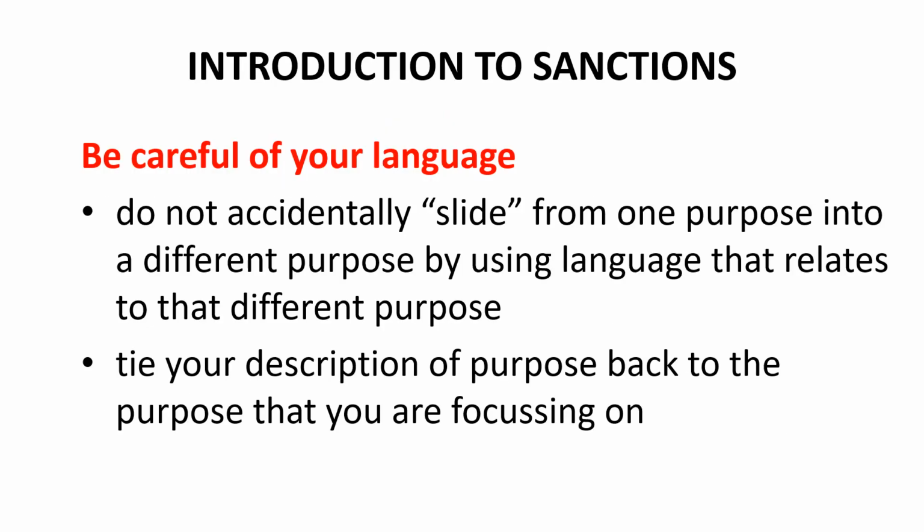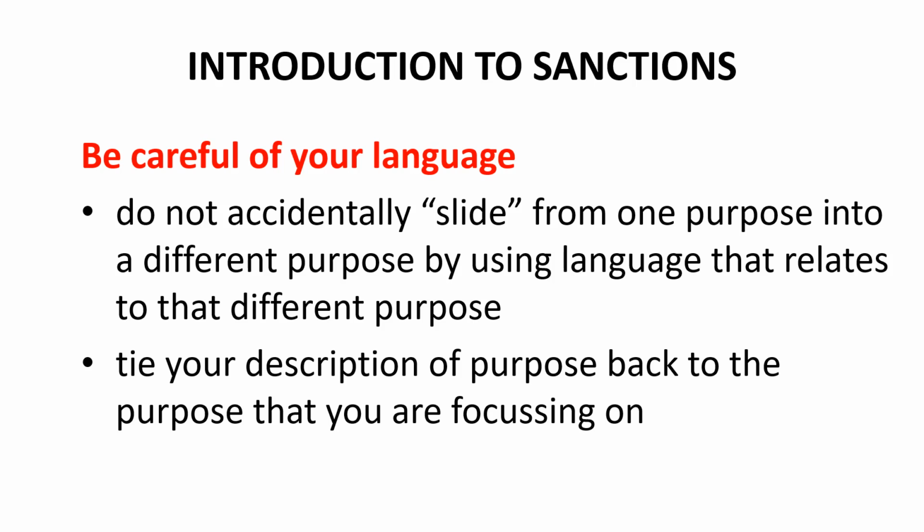Now, you need to be very careful in the language that you use when you are describing or applying these purposes. If a SAC or exam question requires you to describe or apply a particular purpose, such as specific deterrence, then you must be careful not to slide into a different purpose by using language that relates to that different purpose.